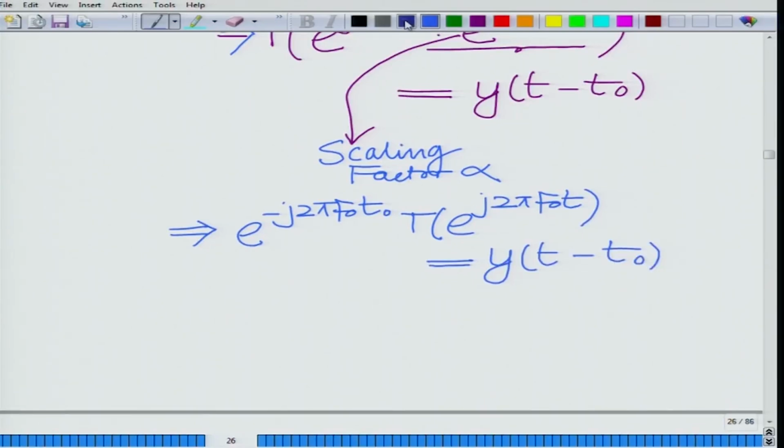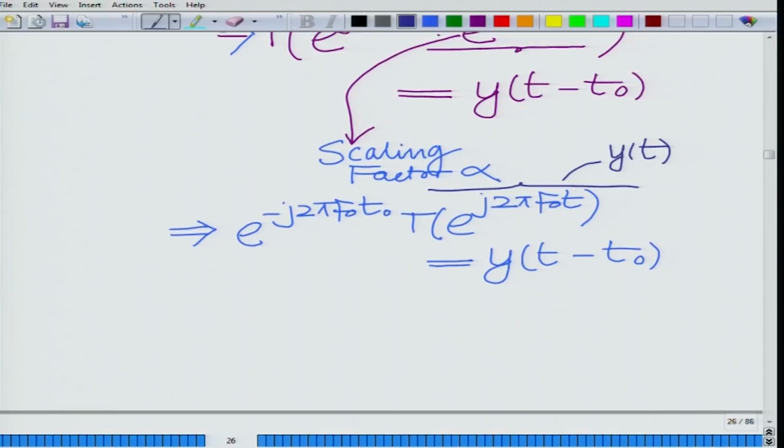But T of e to the power of j 2 pi f naught t is nothing but y of t.